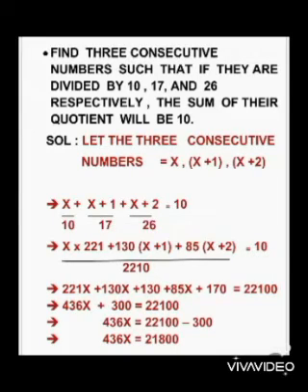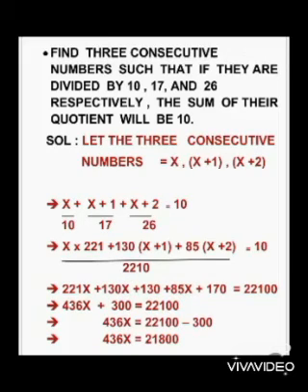Now let us cross multiply this one. 2210 into 10, how much will you get? 22,100. Okay. Now let us add all the x variables here, children. What are the x variables here? 221x plus 130x plus 85x.